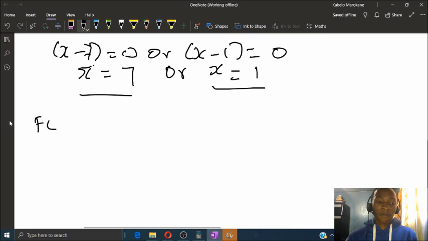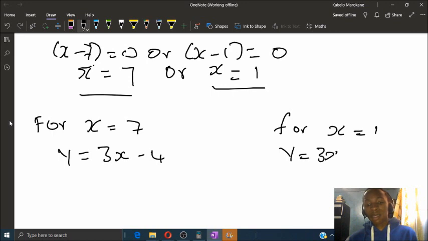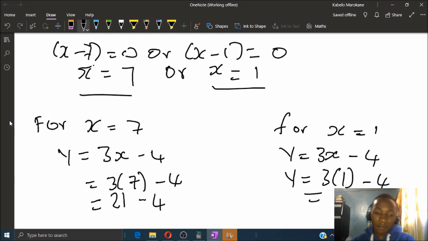So for x equals 7, and for x equals 1, y equals 3x minus 4. 3 times 7 is equal to 21 minus 4.